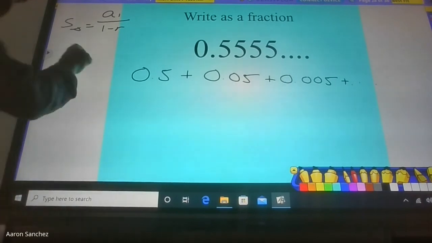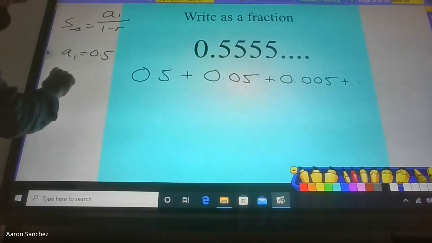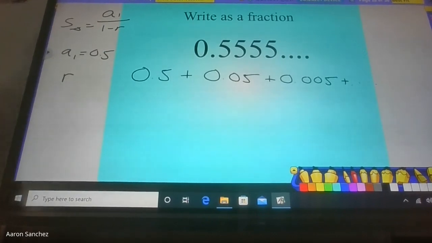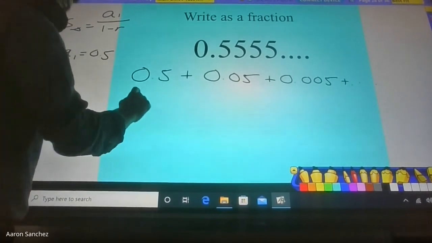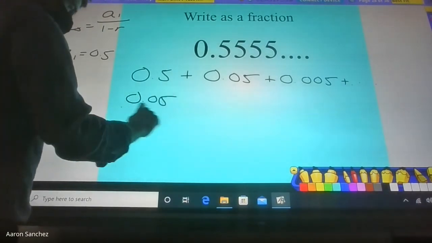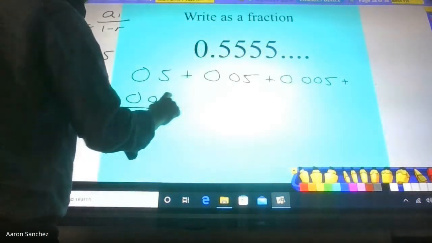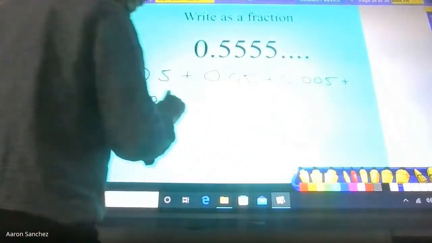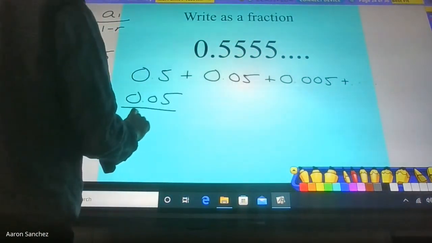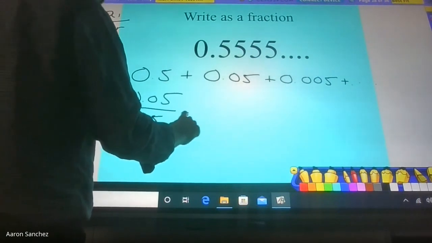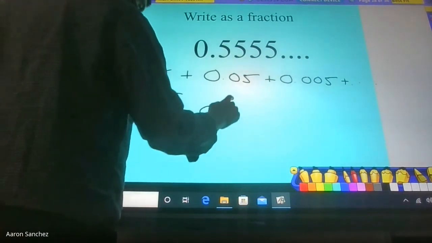A sub 1 is 0.5. What's my r? It's this divided by this: 0.05 divided by 0.5, which equals 0.1.